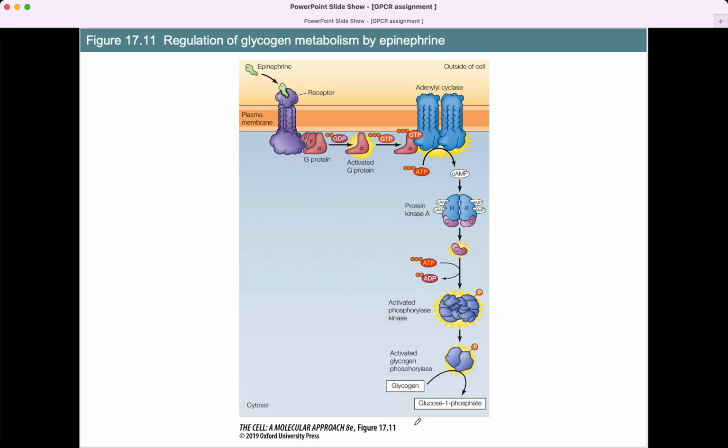Okay? And here's the book showing the full response, and this would be in a muscle. This time they are showing epinephrine binding to the epinephrine receptor, activating a G protein, binding to adenylyl cyclase, stimulating the synthesis of cyclic AMP. And cyclic AMP can do lots of things.